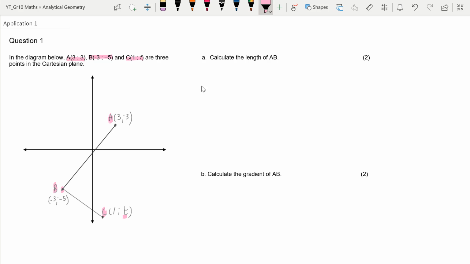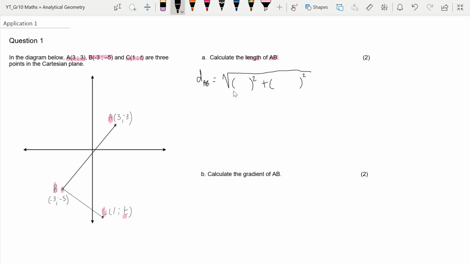For question A, it says calculate the length of AB. So they want the length of line segment AB. So let's use the distance formula, because that will give me the distance between point A and B. I have my distance formula, and we just need to substitute that in correctly.